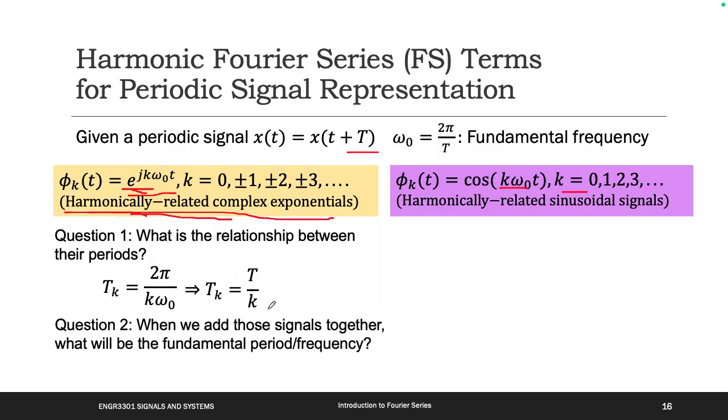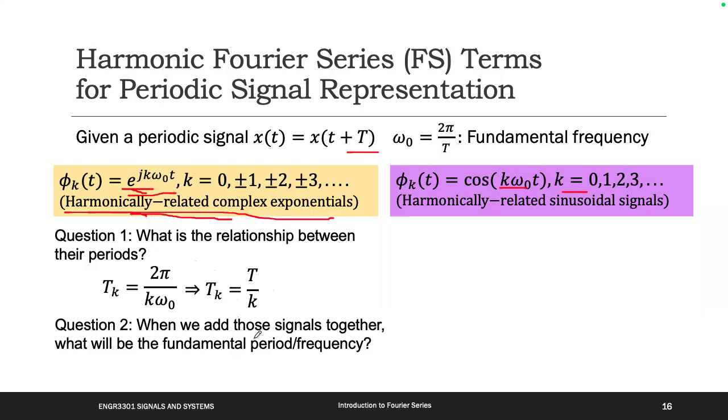So this is the relationship between their periods. It's a multiple of 1 over k. Like you mentioned for music, it is a half, a third, a fourth. It's similar, because the period is 1/2, 1/3, 1/4, like that.